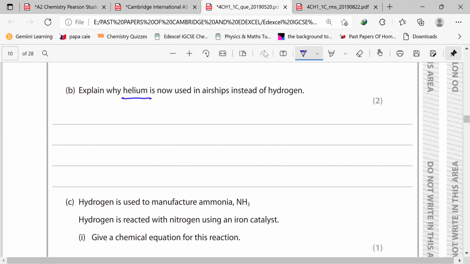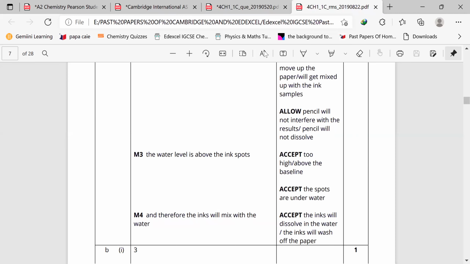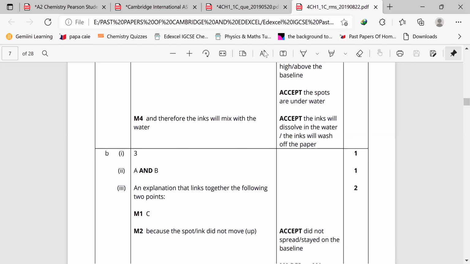You will say explosive reactions. If hydrogen burns in oxygen, it will form water and there will be an explosion. You know the properties of hydrogen and helium. Helium is unreactive, that's what you need to write, Sadat. Hydrogen is flammable, helium is unreactive.